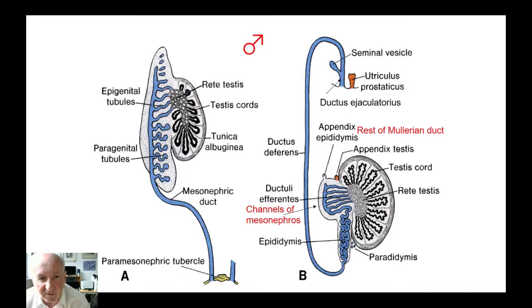Then you remember our famous ductuli efferentes, the tubules of mesonephros, as you see here, forming the head of the epididymis. The body and the tail is the problem of Wolffian duct, ductus mesonephricus, the whole ductus deferens of the Wolffian duct, and the last part before opening into the urethra, ductus ejaculatorius.